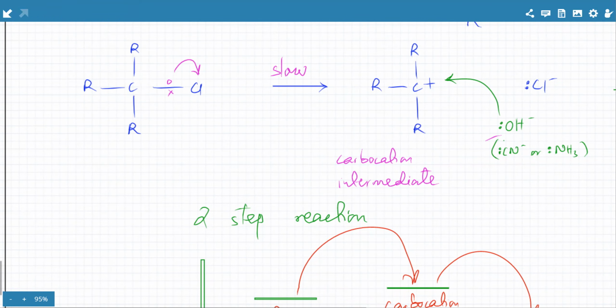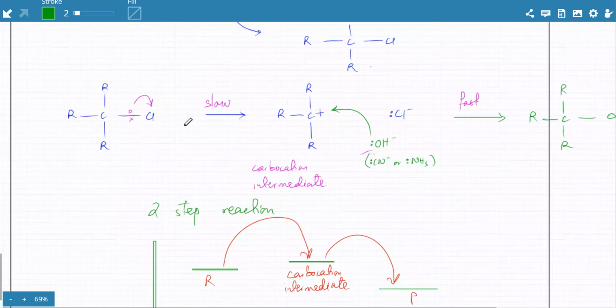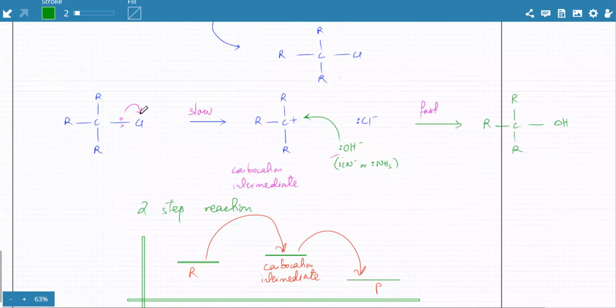Which is why the carbon is not interested in the nucleophile initially. So in the first step, you would wait for the Cl to break off on its own. And when it breaks off, a very stable carbocation is formed because the positive charge is not very strong and it's not going to attract the Cl minus 1 back again.